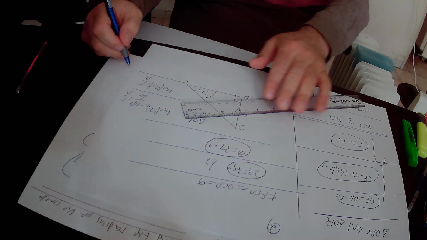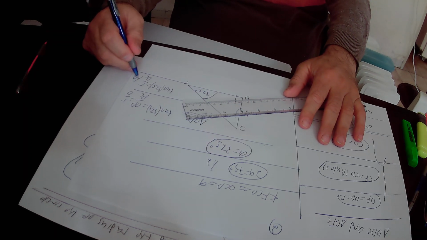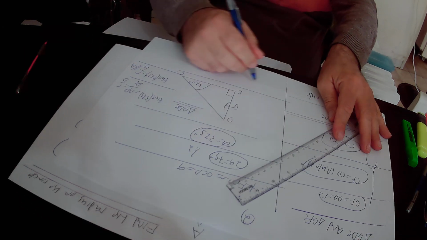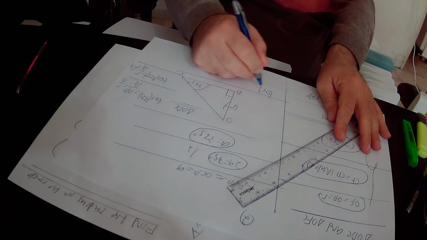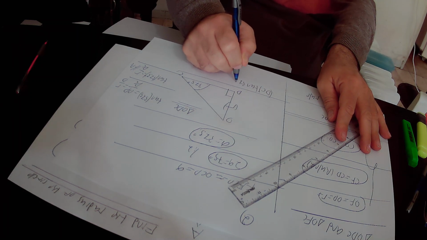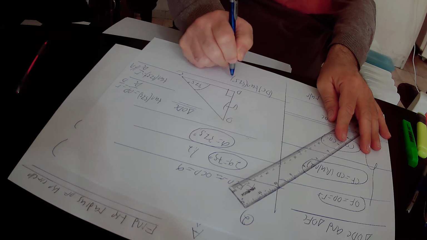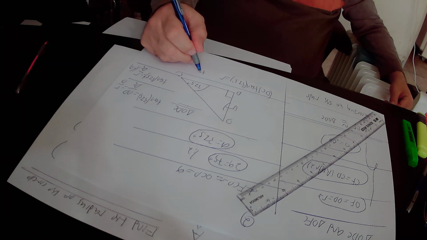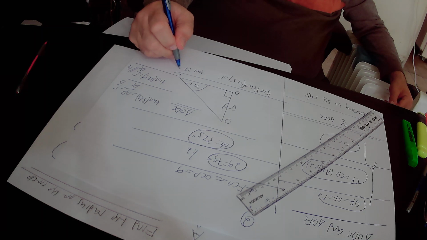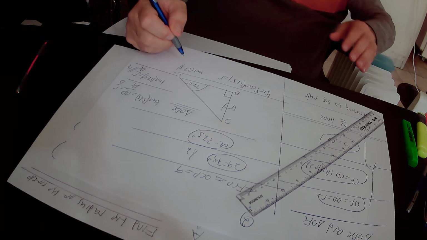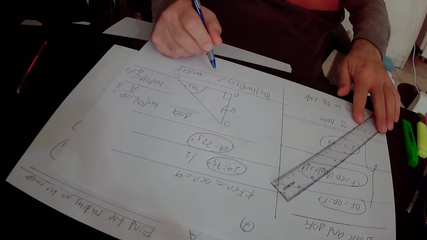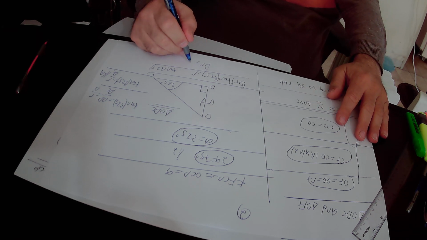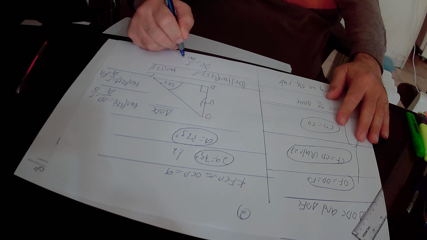Here we multiply this equation by DC, and we get that DC times tangent 37.5 degrees equals R. Here we divide this equation by tangent 37.5 degrees, and finally we get that DC equals R over tangent 37.5 degrees.